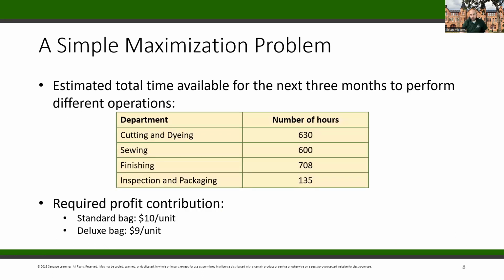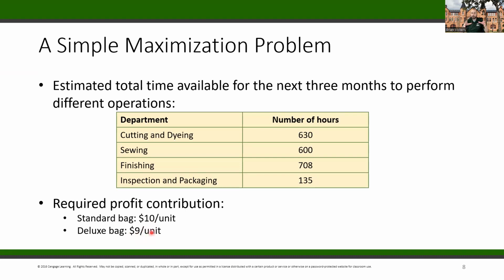Now we're going to get some more constraints. How many hours do we have available? Basically, how many employees that do this job do we have available that can do it for this amount of time? So this is how much we have available. So given these constraints, and knowing that the standard bags are going to make us $10 per unit in profit, versus deluxe bags only make us $9 a unit in profit contribution.